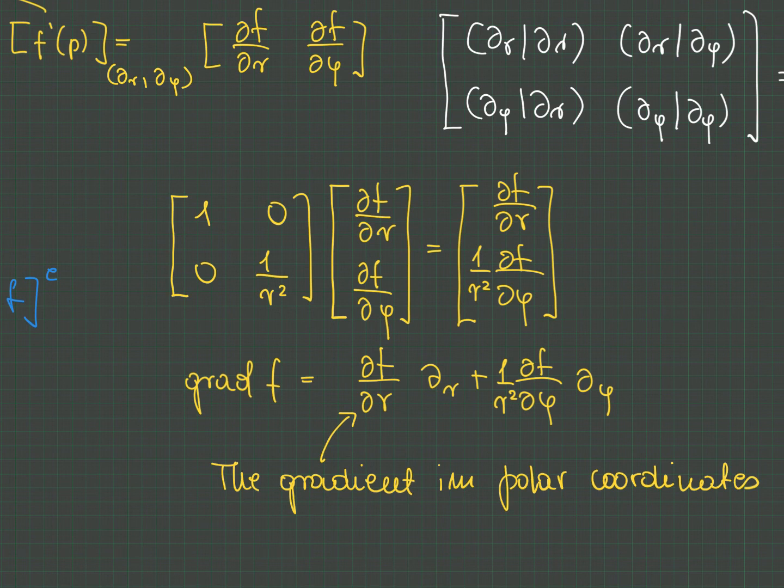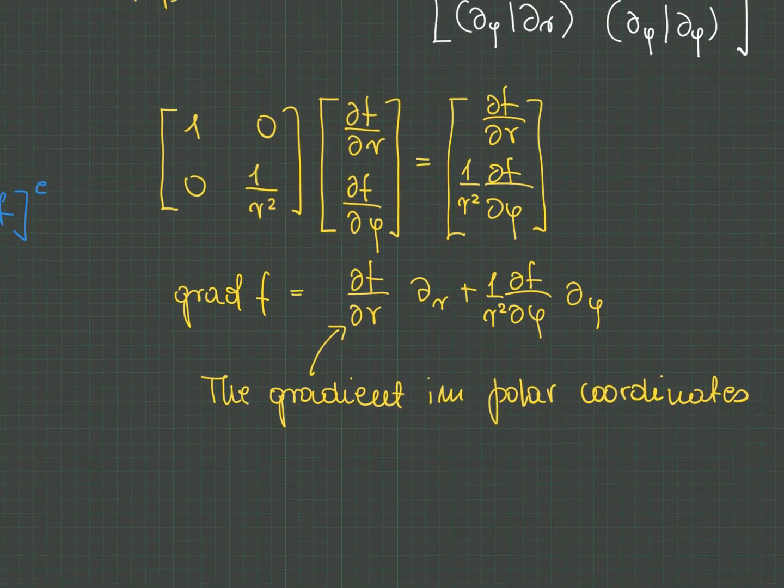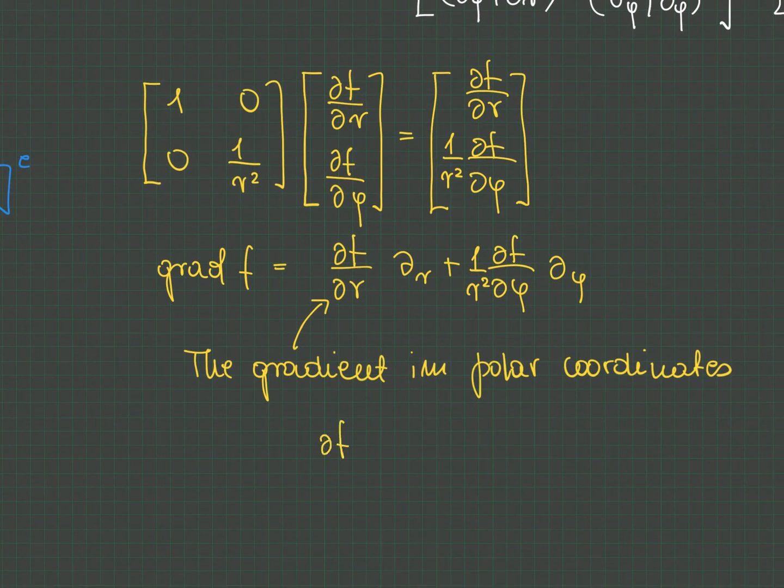Of course, this is not what you see when you look on the internet or in a book for the gradient in polar coordinates, because what you see there is the following formula. Because on the internet or in a book you usually find the expression written in an orthonormal basis. The basis composed of those differentials is orthogonal but not orthonormal.